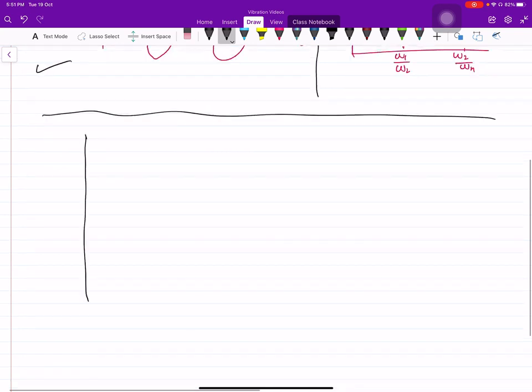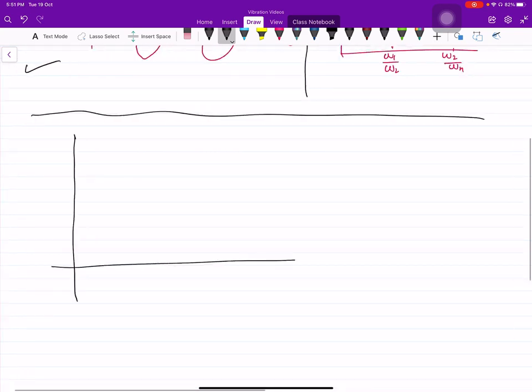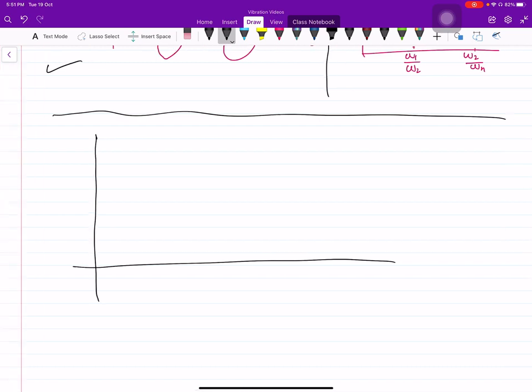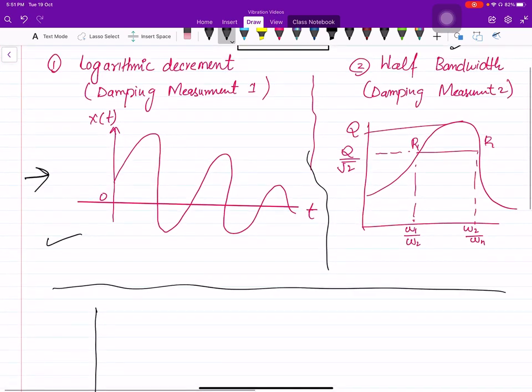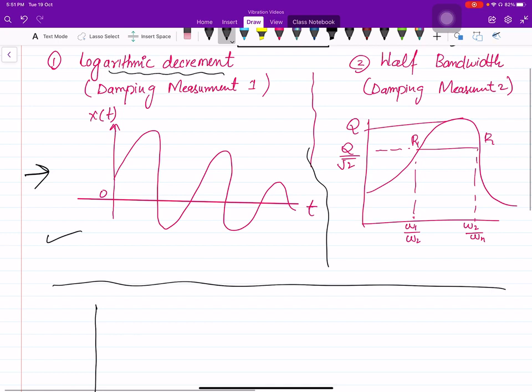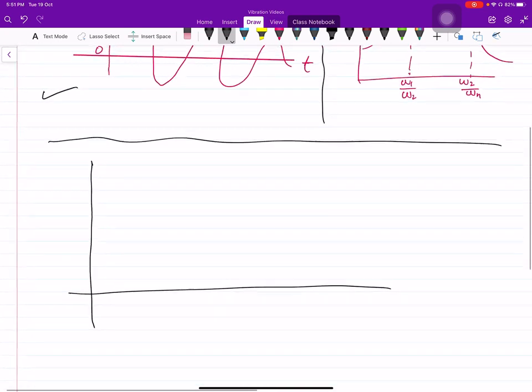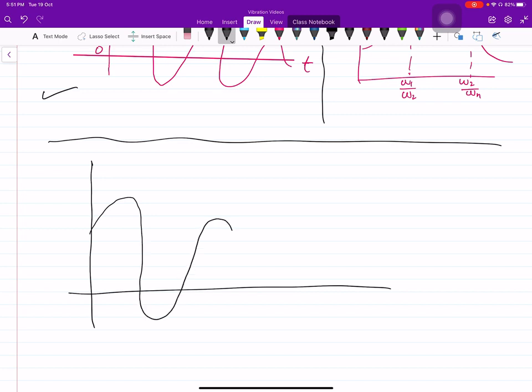Basically, we have to start from here. We have the vibration, and logarithmic decrement means that it is exponentially decreasing from the starting point. We have the starting point here, and it exponentially decreases with the passage of time, starting from zero.